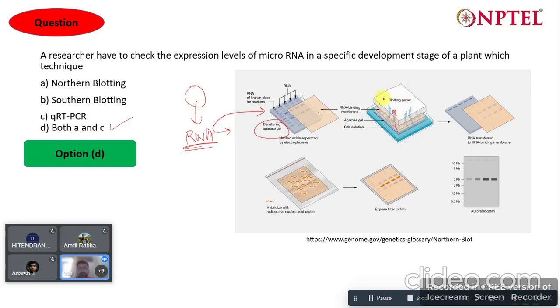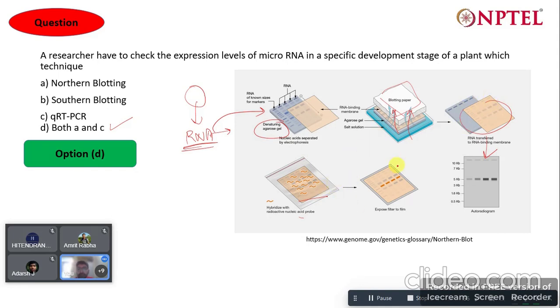We use blotting paper, and there is a weight above that so that it gets transferred onto the membrane. After that, when the bands are transferred onto the membrane, we use a nucleic acid probe for detection of a particular mRNA that we have.